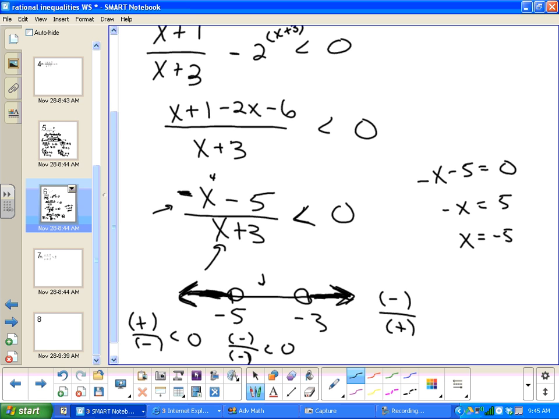And so that will give you a negative, and a negative is less than 0. Now, let's pretend for a second: what if it was equal to? Could you close both of them? You close negative 5, but you'd have to leave negative 3 open because it makes it undefined.